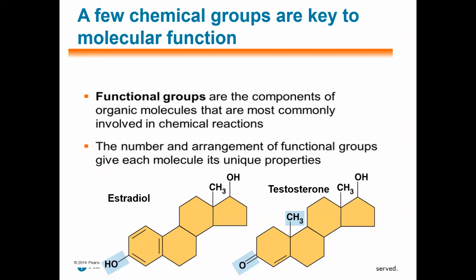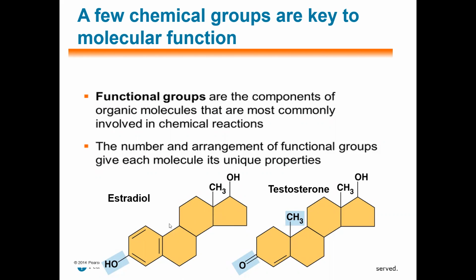Consider the differences between estradiol and testosterone. Estradiol is a type of estrogen, and these compounds are female and male sex hormones, respectively. This is estrogen, and this one is testosterone.